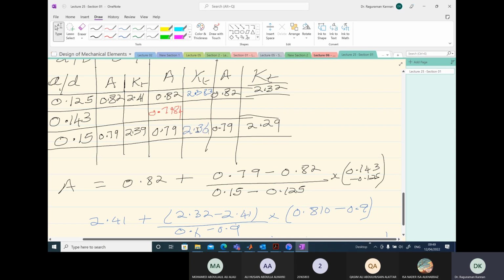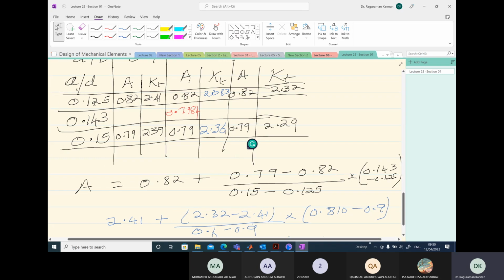Okay, so now we need to do the vertical interpolation to get the value over here. Again, we have to write the equation in terms of values given here and here.